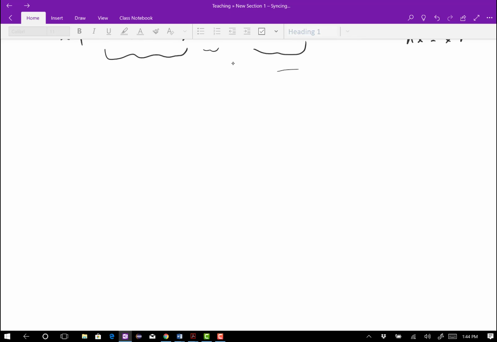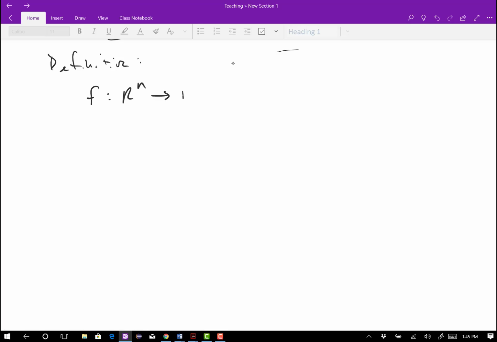All right, so I want to move into Chapter 3, Convex Functions, and begin the discussion there. Let's start with a definition. Suppose we have a function f that is a mapping from Rn onto R. Then we say this function is convex if two things hold.